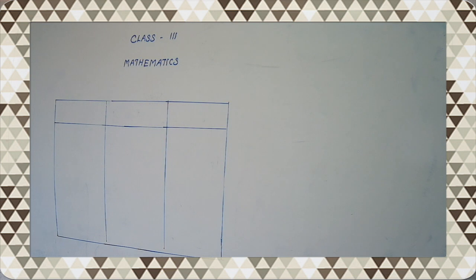The smallest 3-digit number is 100. The smallest 4-digit number is 1000. Yes, the smallest 4-digit number is 1000. Now all of you see the board.